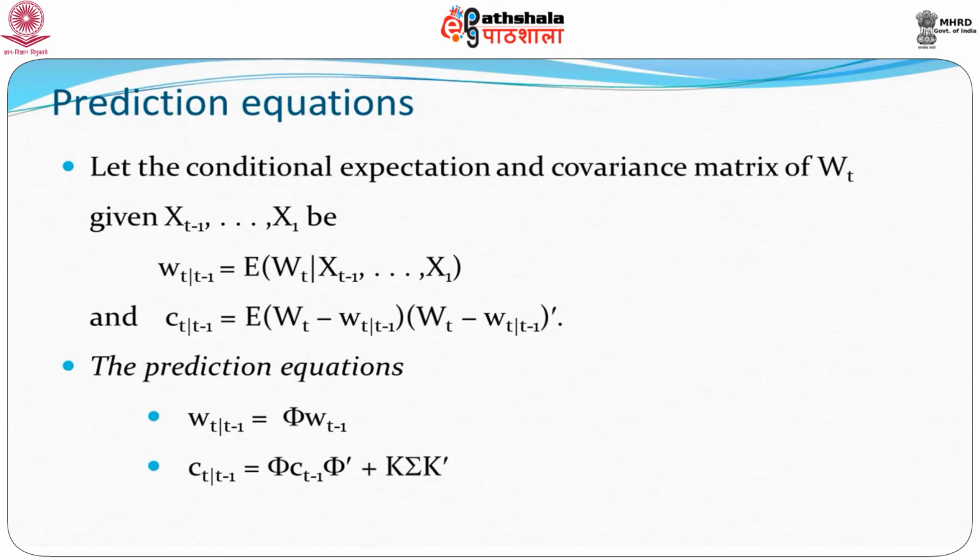So, we get these two equations and we call them the prediction equations, because given W_{t-1}, we can now predict what W_t is going to be like. Similarly, given C_{t-1}, we can predict what C_t is going to be like.